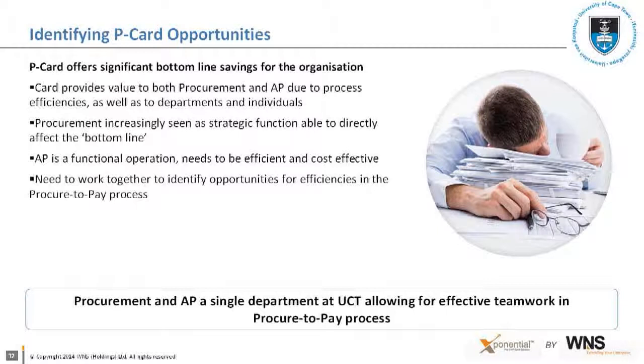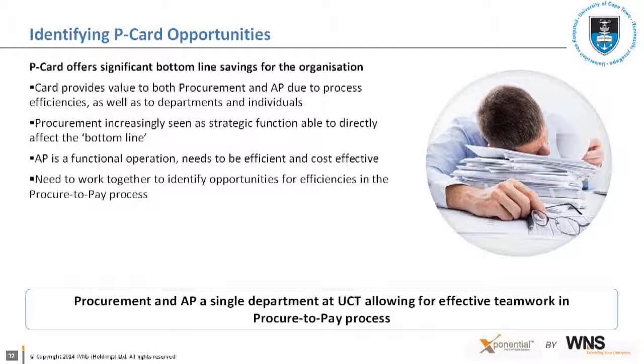They much prefer to swipe their card or do an online transaction than having to claim the reimbursement afterwards. So procurement is increasingly seen as a strategic function and directly able to affect the bottom line in an organization. And I'm sure across the world, with budgets being tightened all the time, these factors become quite significant.